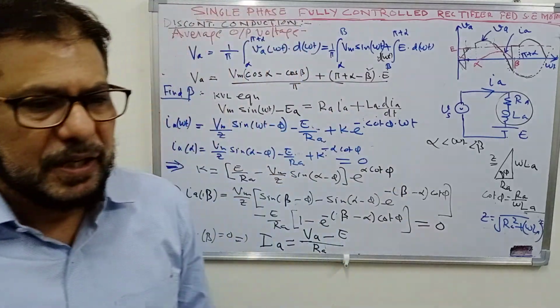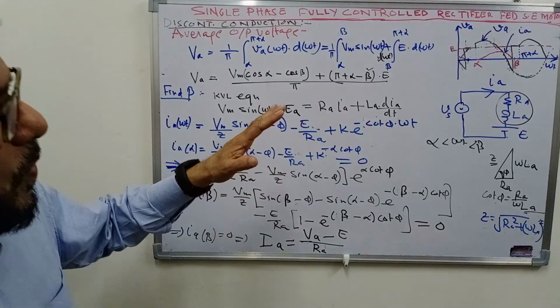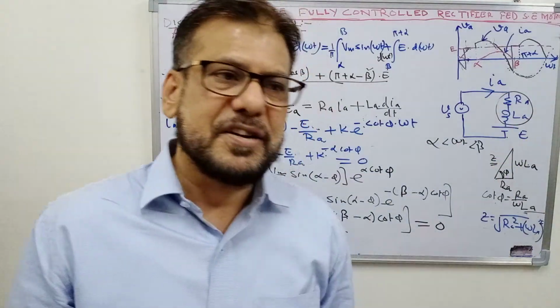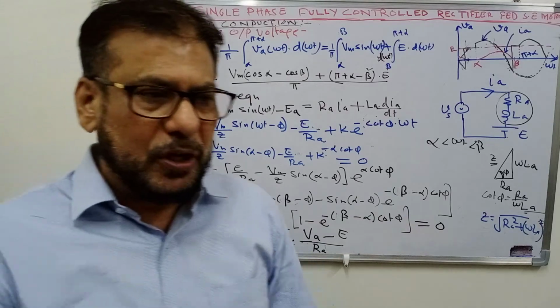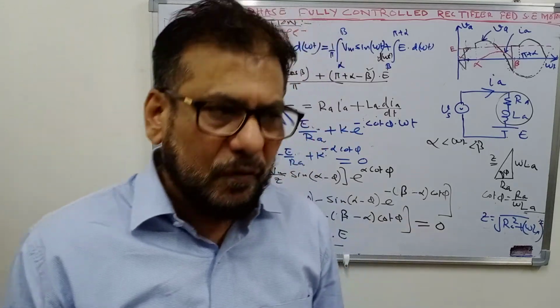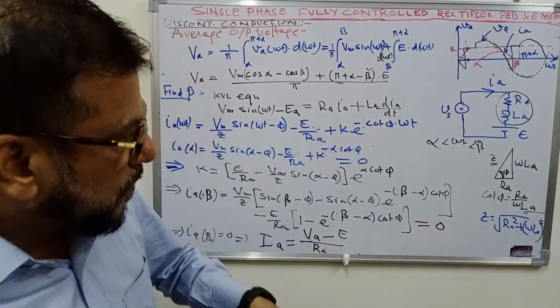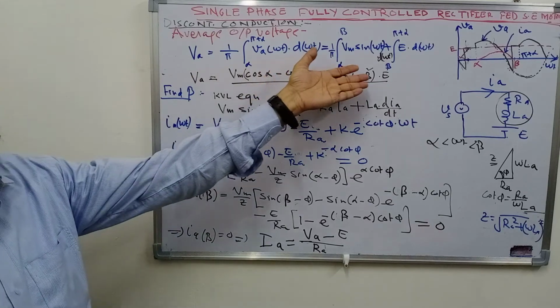So that is all for this lecture. In the next lecture we shall try to find out the conditions in which the conduction is continuous or discontinuous. Because when you are getting some problem, you don't know whether the conduction is continuous or discontinuous. So what equation do you have to use for the average value of output voltage?